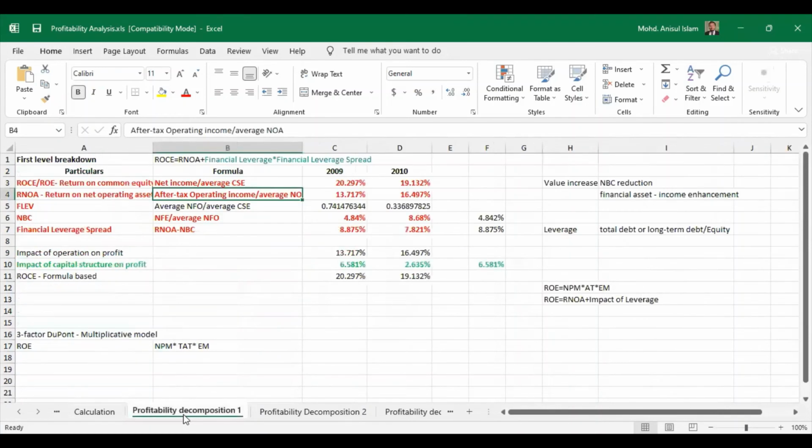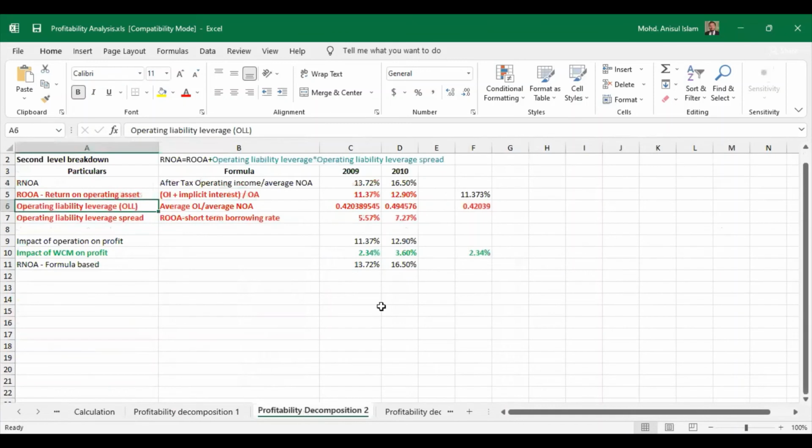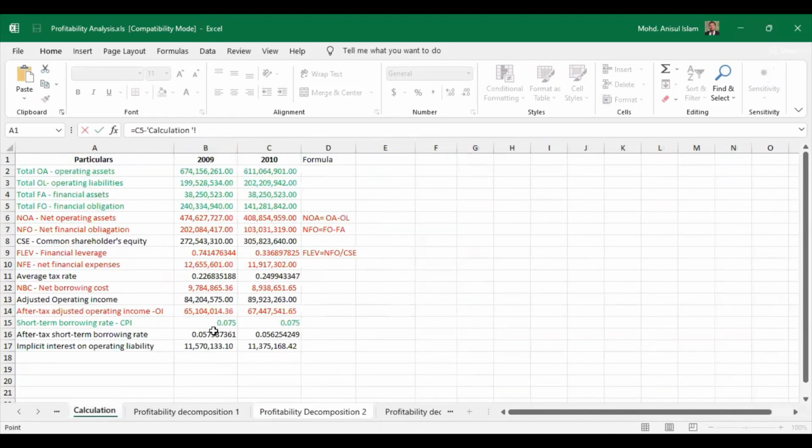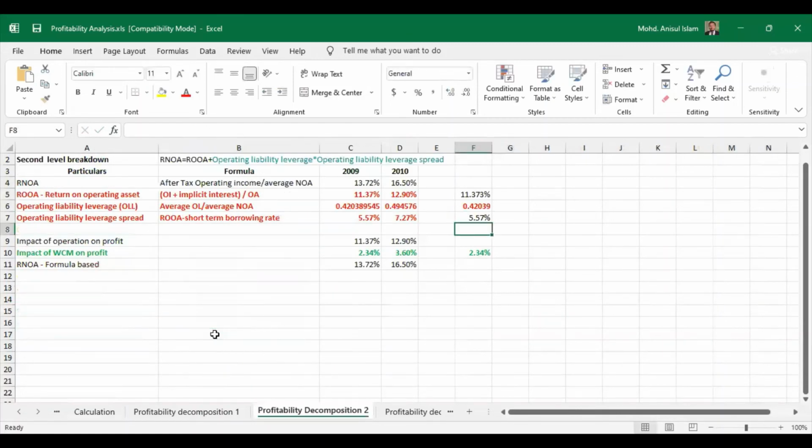So we measure the spread by taking the return on operating asset and subtracting the after-tax borrowing cost.